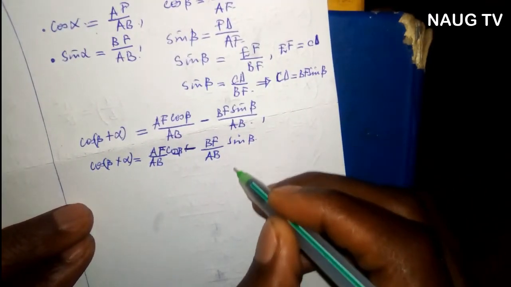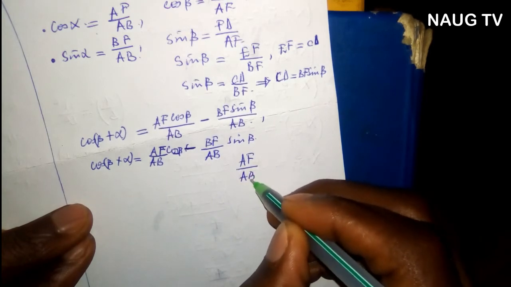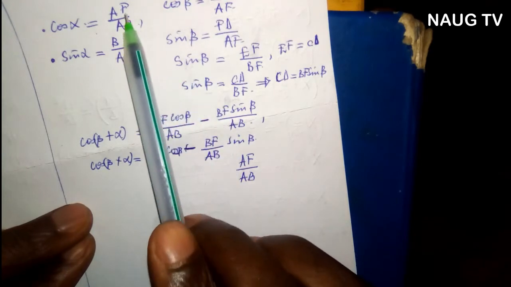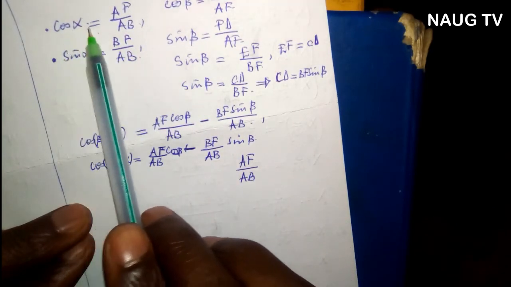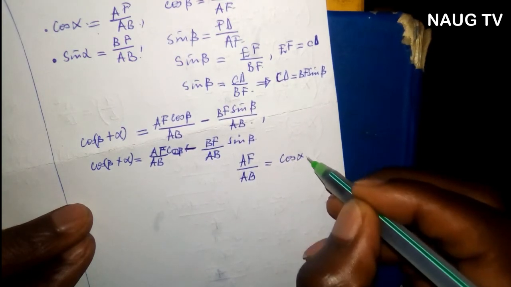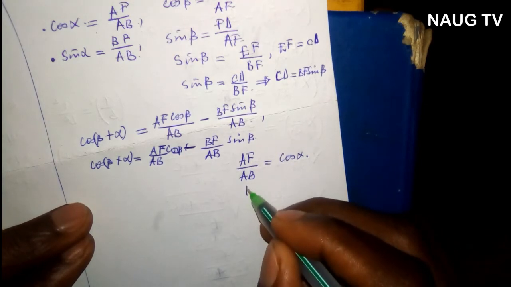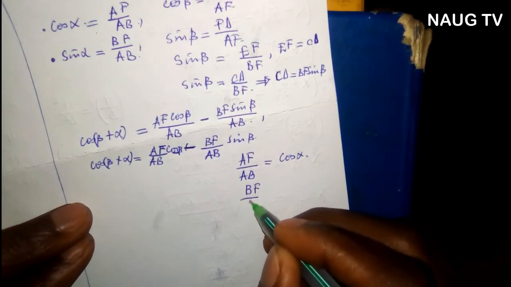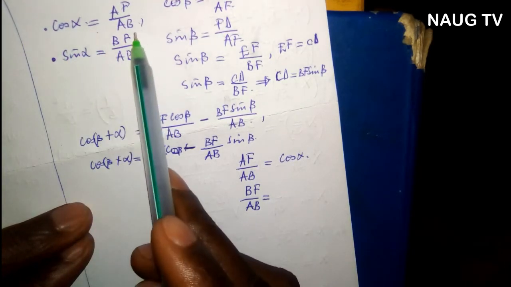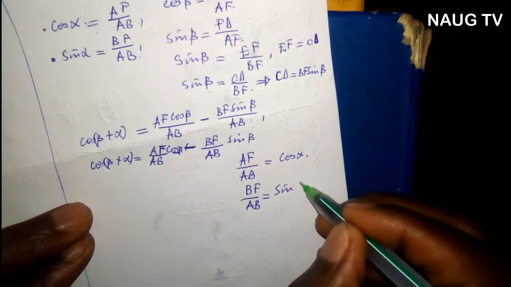But you have seen that AF over AB equals cosine alpha, and also BF over AB equals sine alpha.